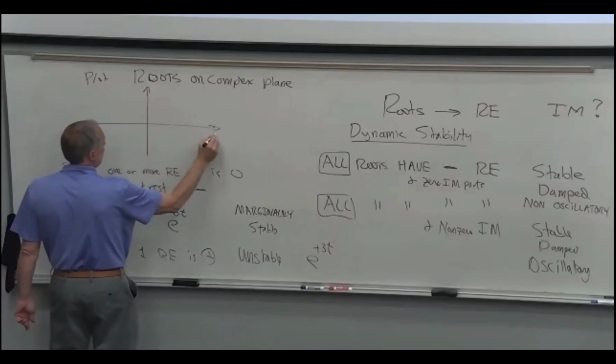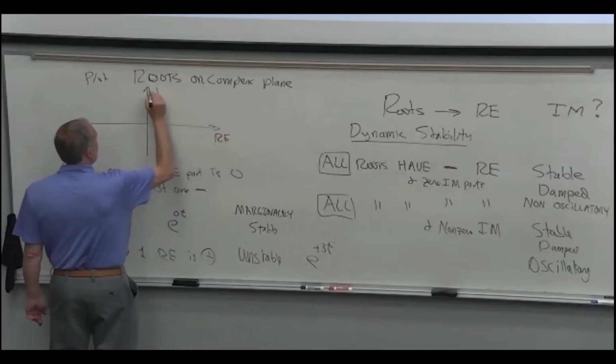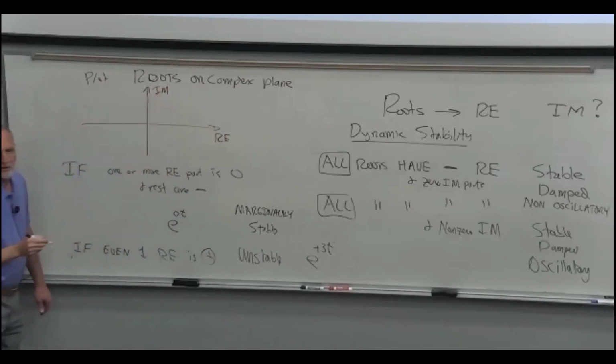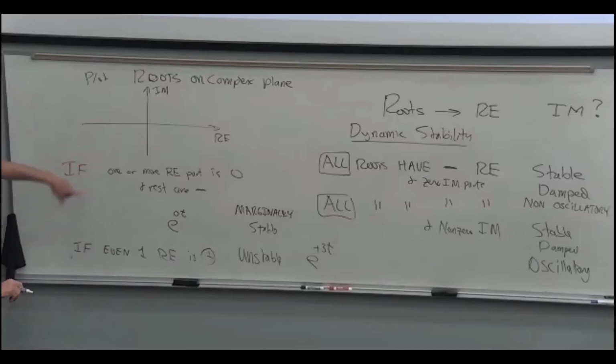So here's the real axis and the imaginary. You've done this in calculus, right? You plot the real part on the horizontal and the imaginary part vertical. You haven't done that? Okay, well, you can do it, because you just plot 3 on the real axis and 4 on the imaginary axis.